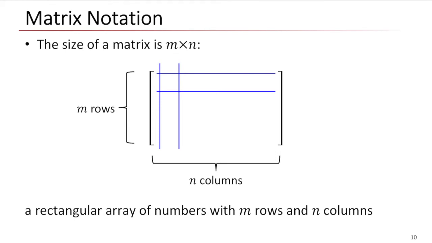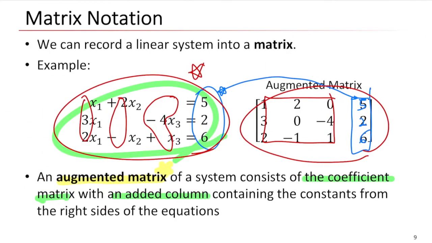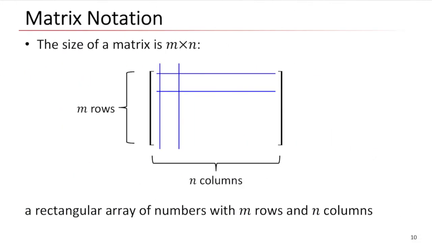So when I say this matrix is 3 by 2, we need to be able to think about it in your head. 3 by 4 means there are 3 rows and 4 columns, and come up with the shape of it immediately.